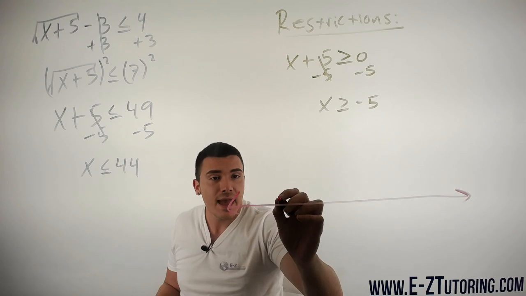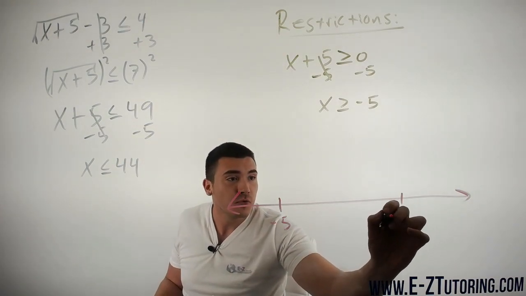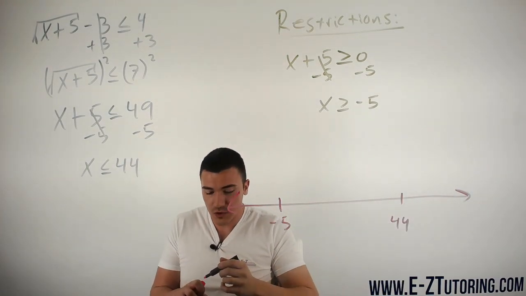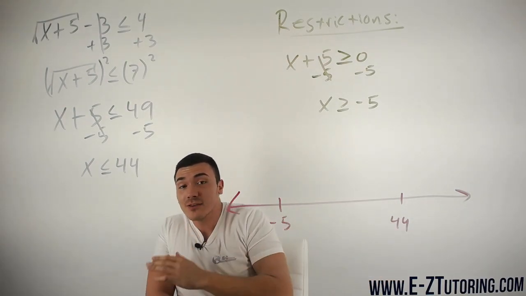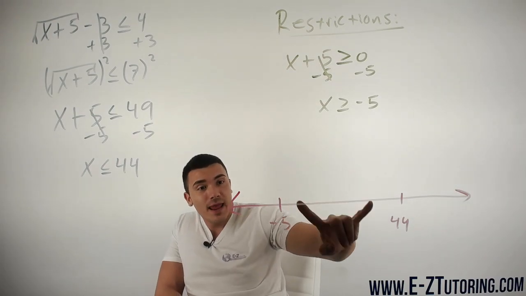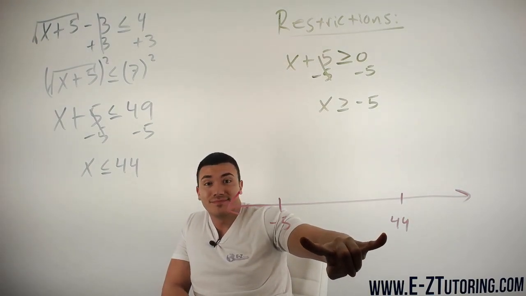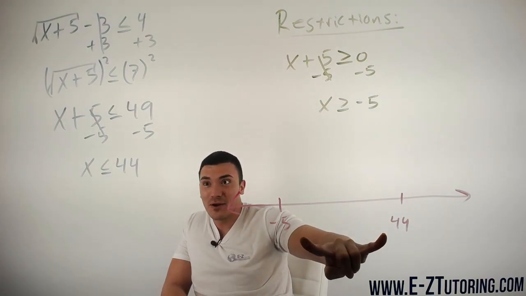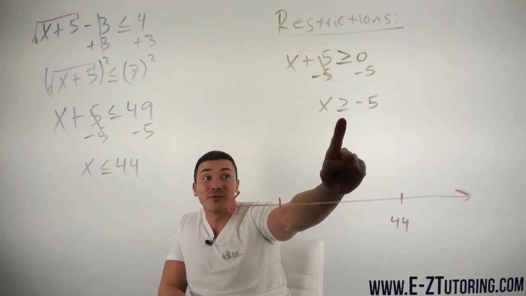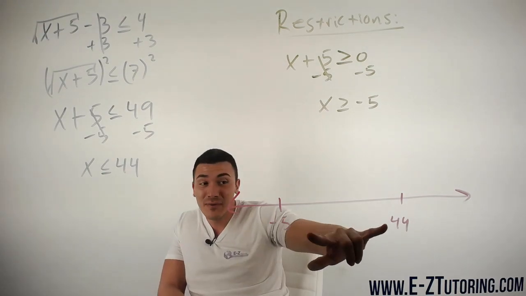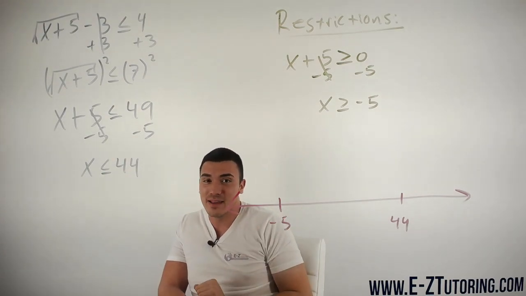So let's take a look at negative 5 and 44. So we know that everything less than negative 5 clearly doesn't work because we have negative square roots. Now, in between them, it obviously looks like that's what's going to be our answer because we know x is less than or equal to 44 and x is greater than or equal to negative 5. It really looks like that's what's going to be our answer, but you have to test it.